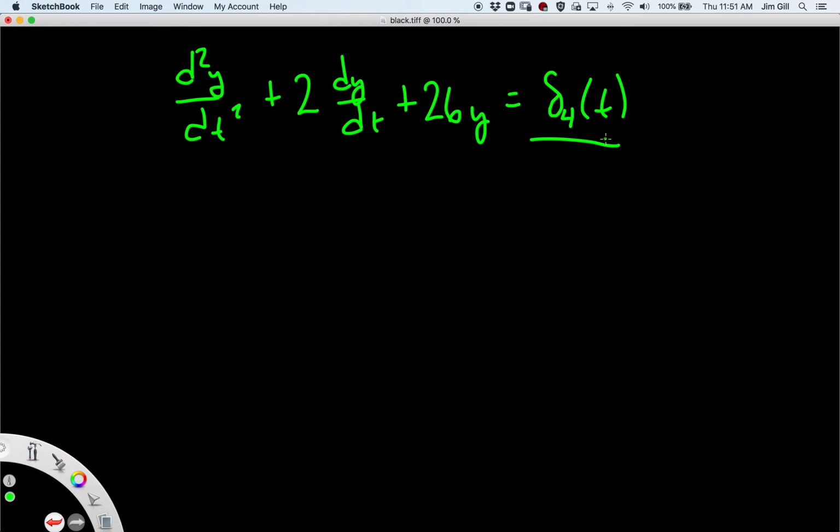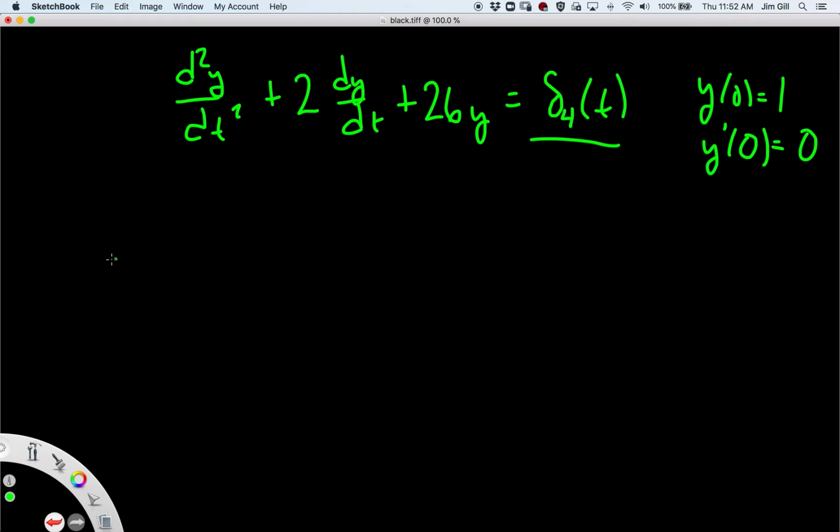Just an instantaneous force. And we're going to let the system be equal to 1 at time 0, and the initial velocity is going to be 0. So we're stretching this system to position 1 and letting go. And then 4 seconds later, the system gets smacked with a force of magnitude delta.